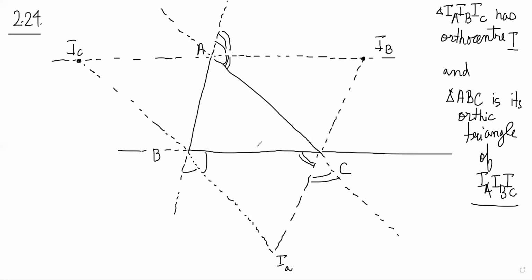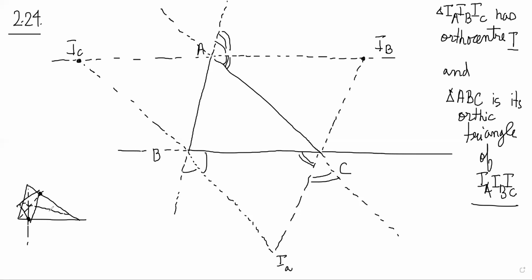Fine. So if you remember, what was an orthic triangle? You draw the altitudes, right? Yeah. And wherever they cut the opposite sides, those points, if you join them, that would be your orthic triangle, right? Yeah.